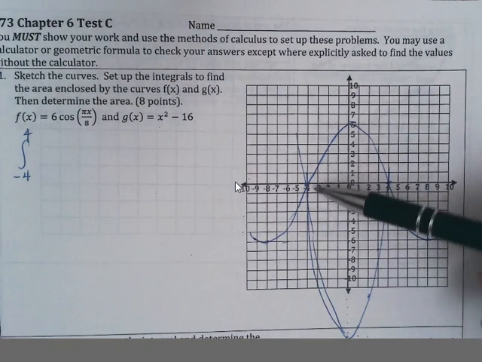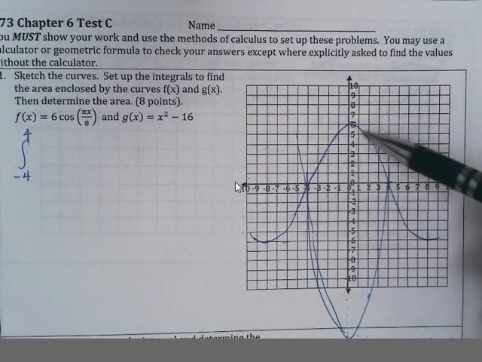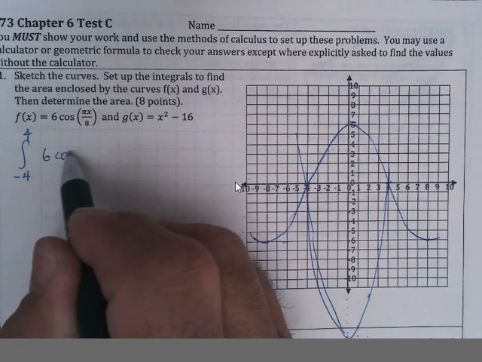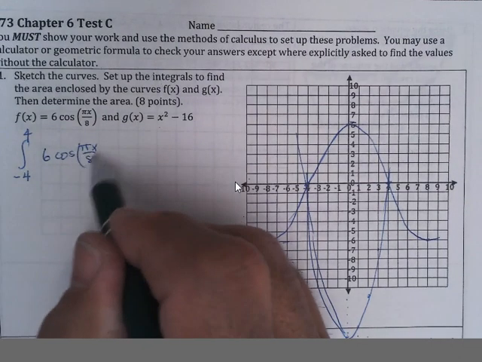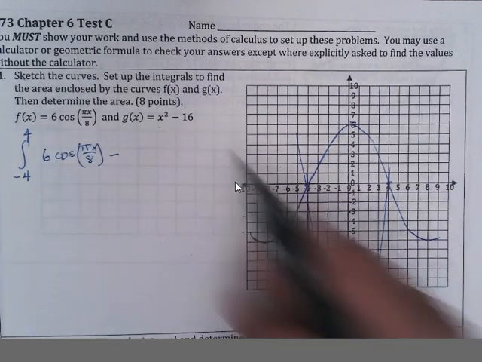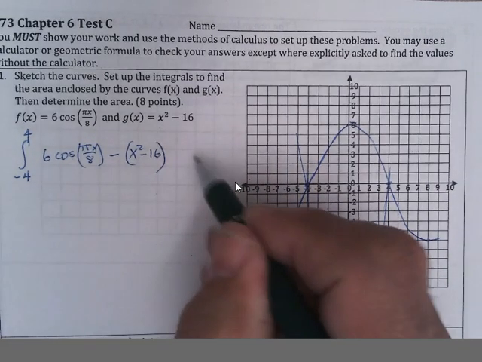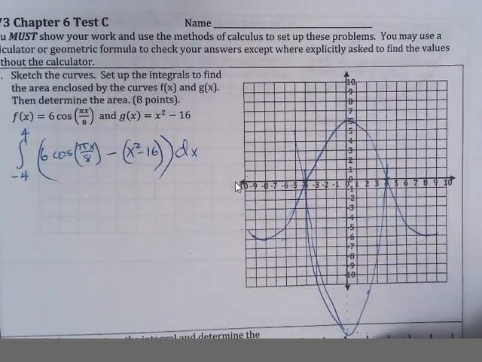And we want to take the area that's captured in between here, and so it has to be the cosine as the top curve, 6 cosine of pi x over 8, minus the bottom curve, which is the x squared minus 16, minus all of that, dx. You take the top one minus the bottom one, or the left one minus the right one.